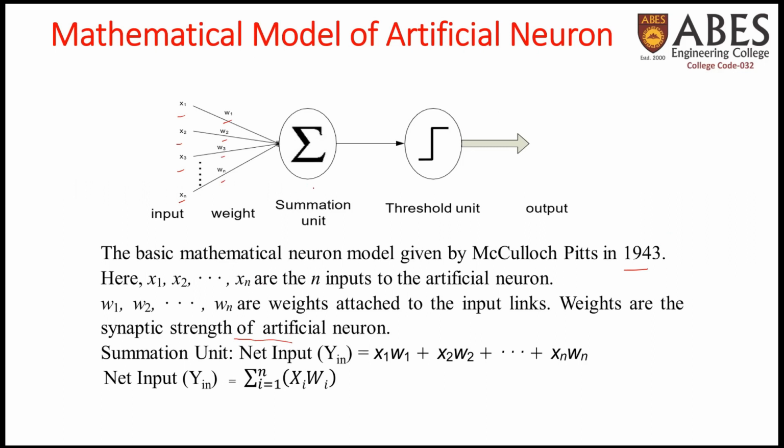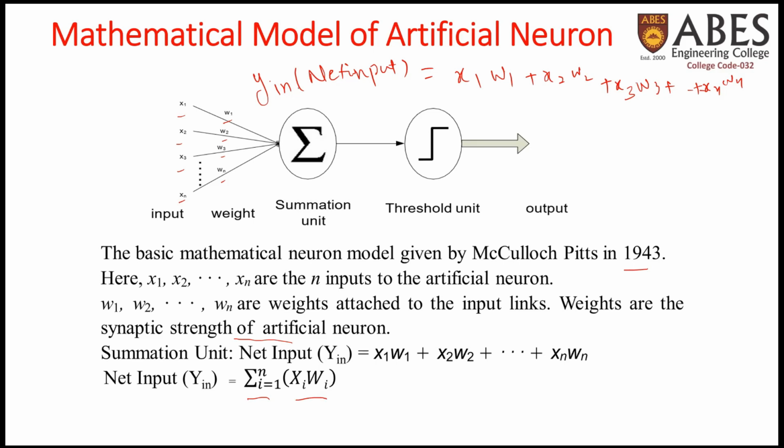These come to the summation unit. Here we calculate yn, that is the net input. The formula to calculate yn is x1w1 plus x2w2 plus x3w3 up to xnwn. So we can say that it is the summation of i equals 1 to n of xi wi.